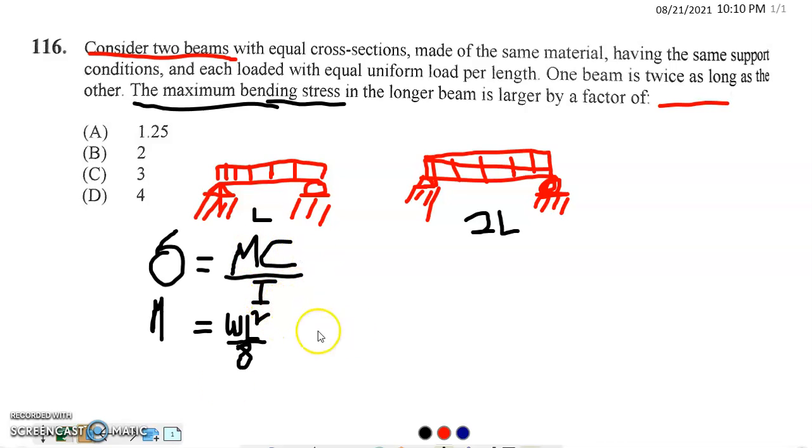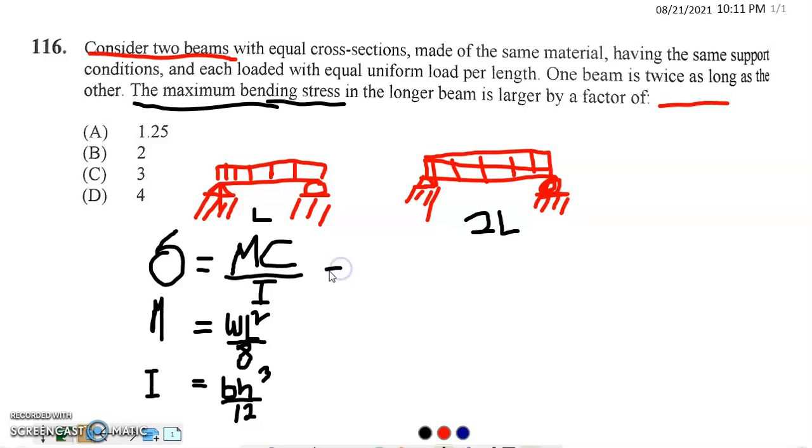Before we actually do that, let's say we're dealing with a rectangular beam. So I for a rectangular section is BH cubed over 12. The rest of the stuff is just plugging into the original formula.